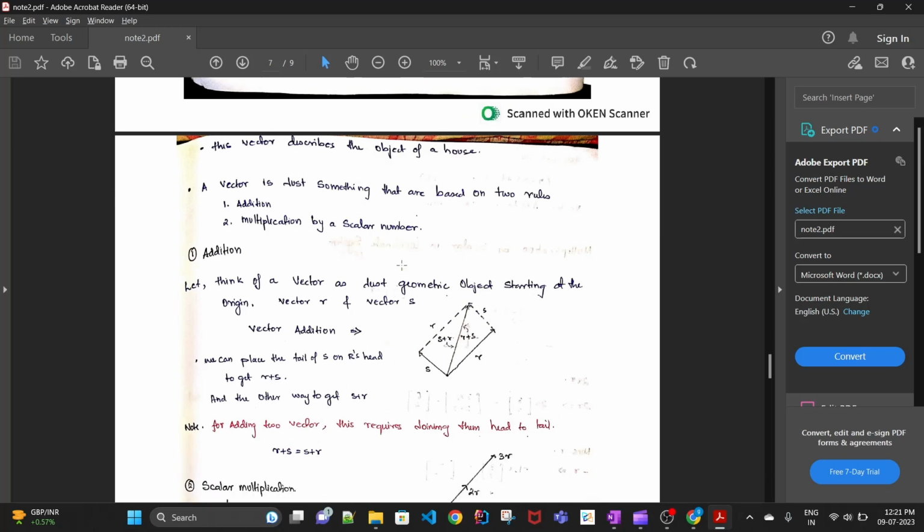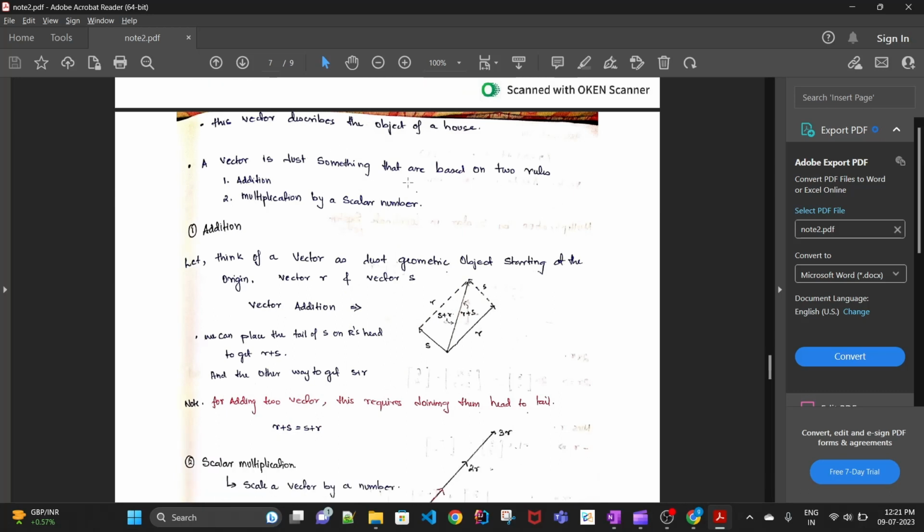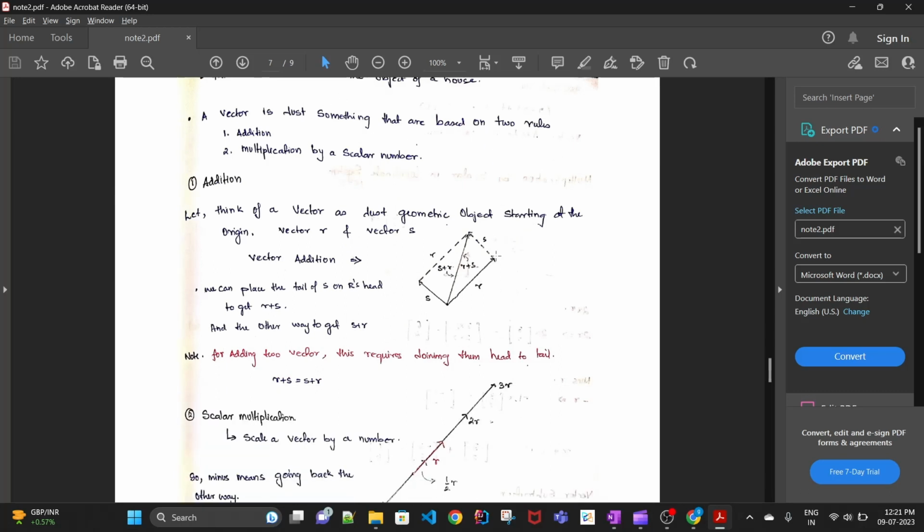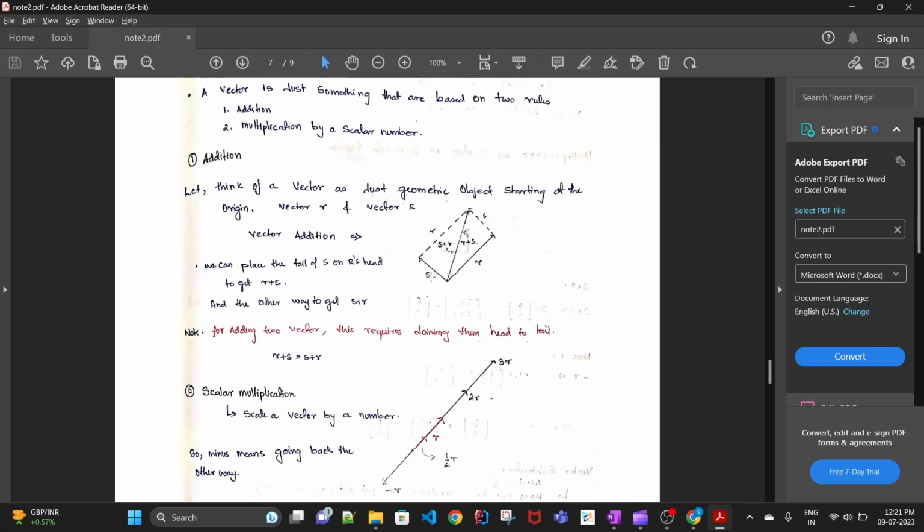Now a vector has two different types of operations: one is addition and the other is multiplication by a scalar. When we say addition, for example, let's say we have vector r and vector s, and when we try to add these two vectors, we need to join the head of one vector with the tail of the other.